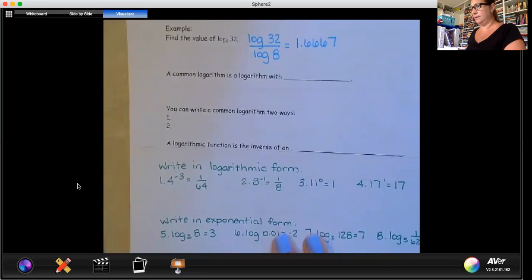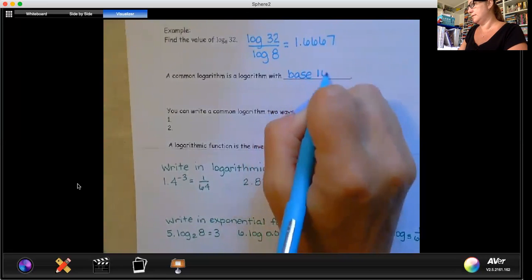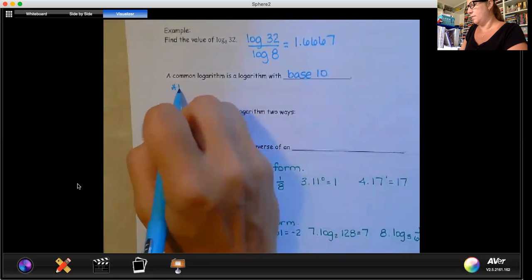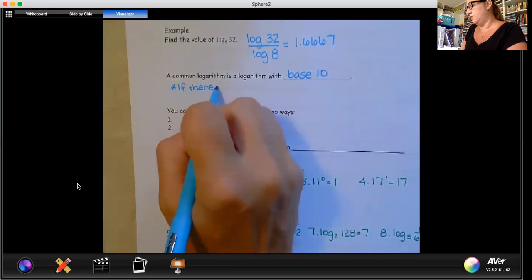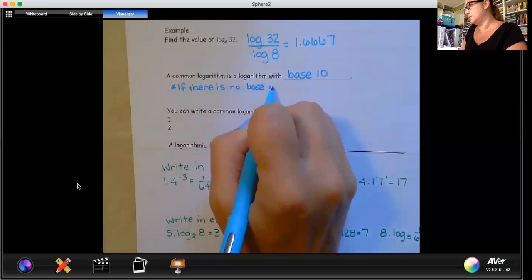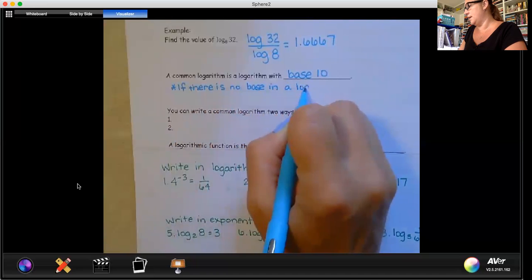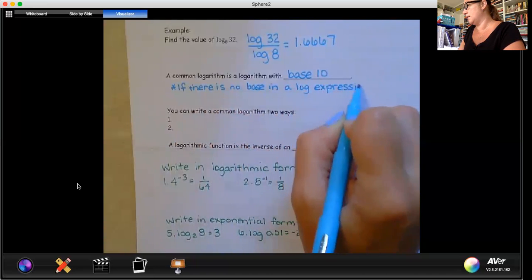A common logarithm is a logarithm with base 10. And I think you already have this on your paper, but if not, fill it in. If there is no base in a log expression, I'm going to show you what that looks like.